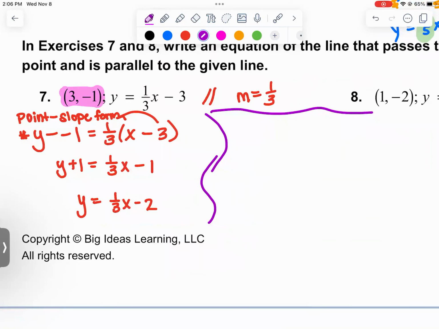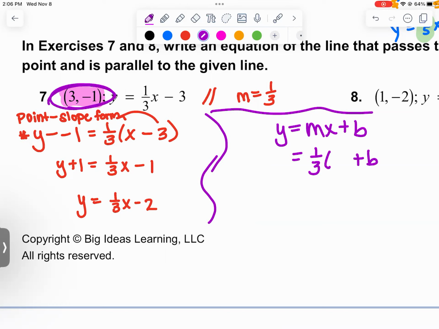If we know that our answer needs to be in y equals mx plus b slope intercept form, we can start with that. What is the slope that we want? 1/3. Do we know the y-intercept? No. But we do know that we have this point 3, -1.